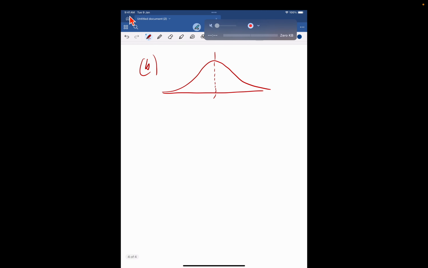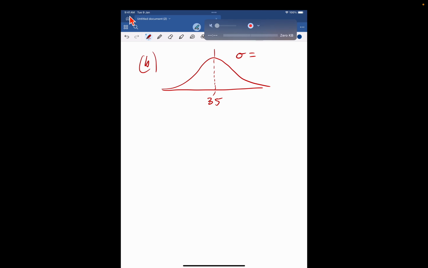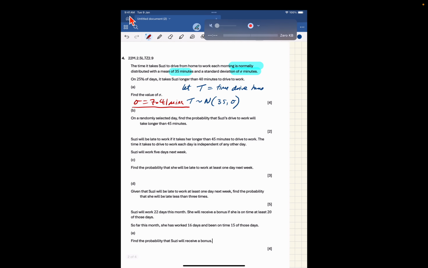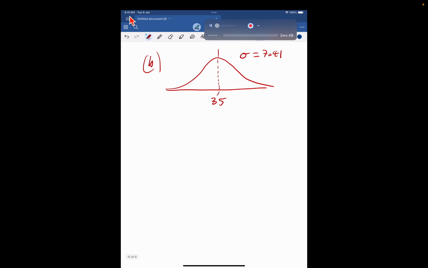So here's part B, and we'll put on 35 again. Sigma here now is 7.41, and the question asks us longer than 45 minutes. So we want the probability of T being greater than 45.